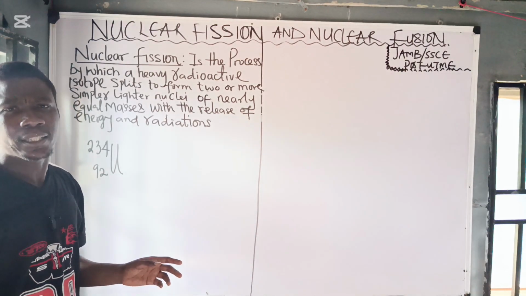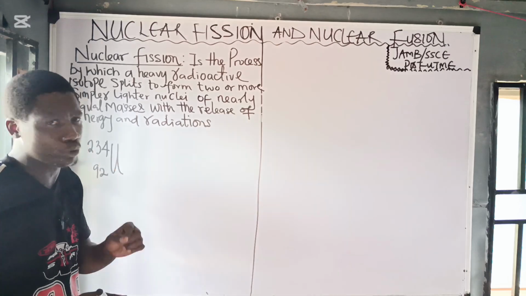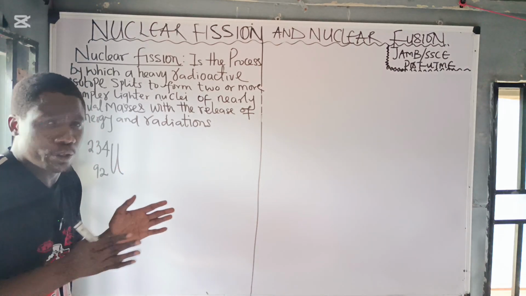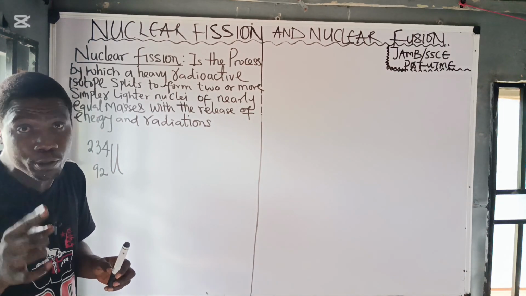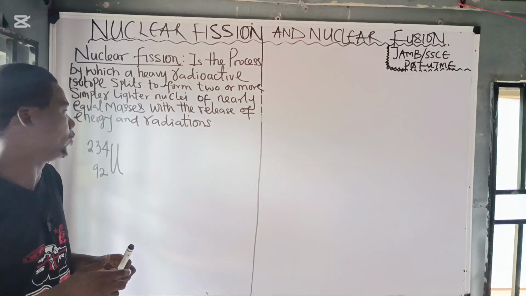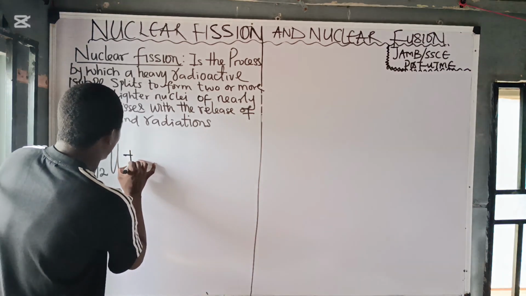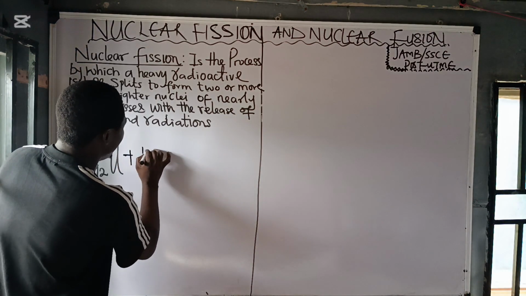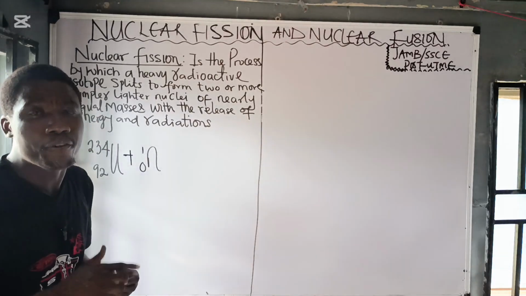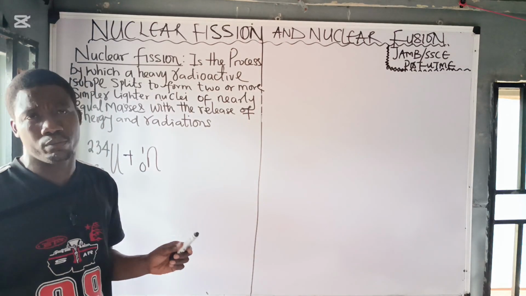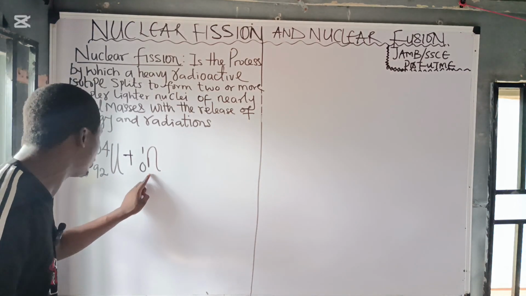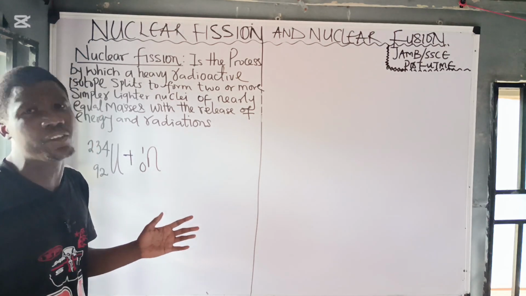Do you understand? Yes. But how would this happen? This uranium will have to be bombarded with a subatomic particle called neutron. So I'm going to add neutron to this reaction. Neutron is a subatomic particle found in the nucleus of an atom. Okay, now if I add this to this, something will definitely happen.